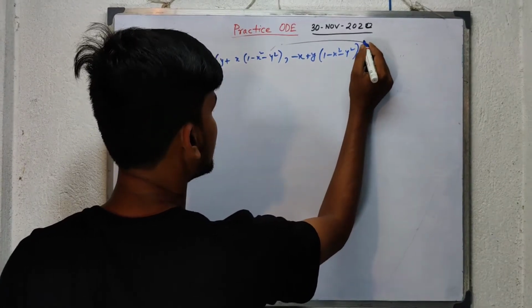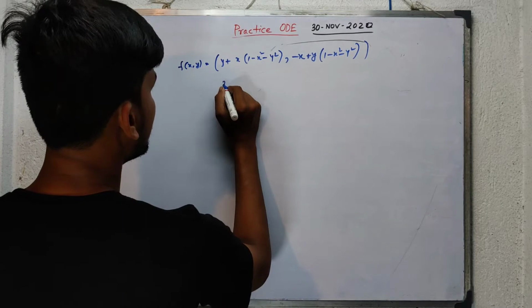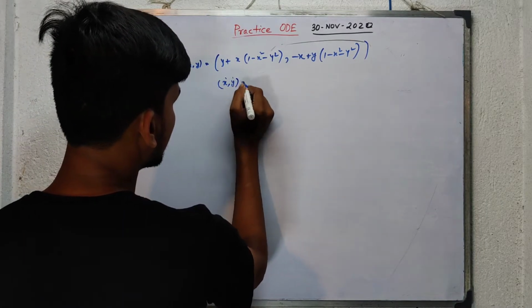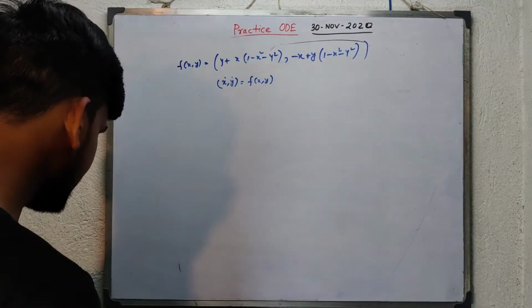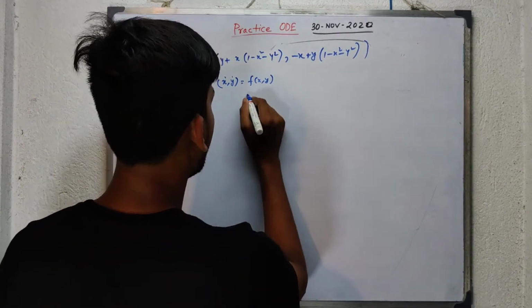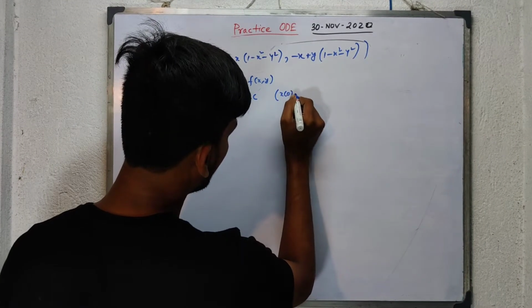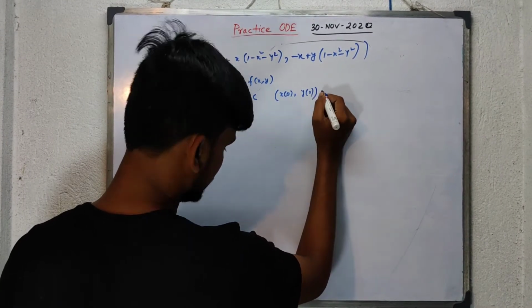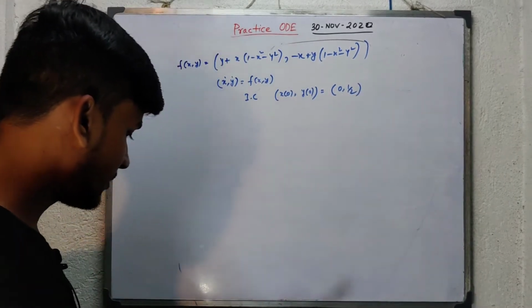This is f(x,y), and consider the ODE (x dot, y dot) equals f(x,y) with the initial condition (x0, y0) equal to (0, 1/2). Which of the following statements are true?